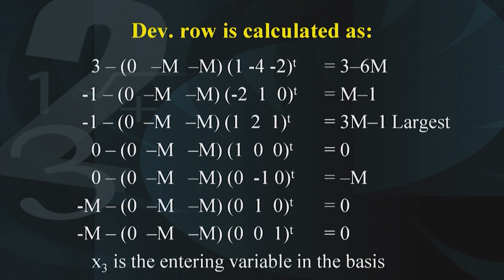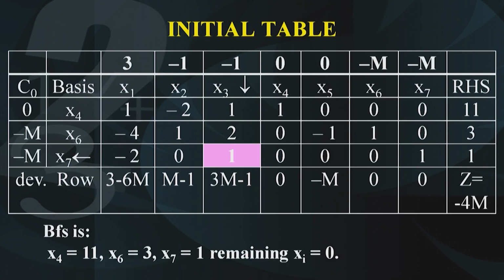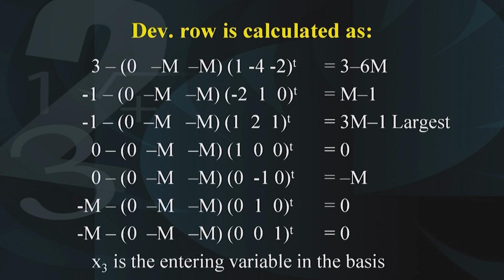This is 0 minus 0, minus M, 0, minus 1, 0, which comes out to be minus M, and it will be written under x5. Similarly, for x6 and x7 we have the entries as 0.